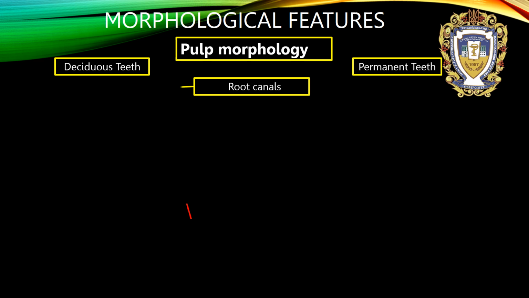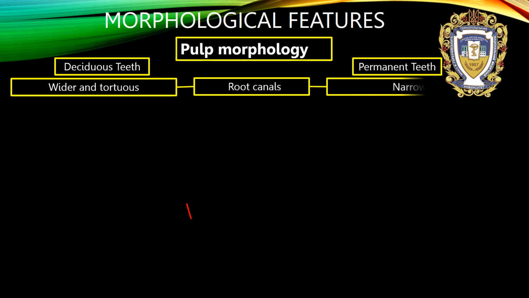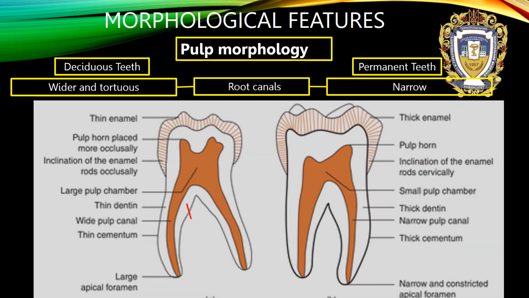Next characteristic, root canals. In temporary teeth, root canals are wider and tortuous. Instead, in permanent teeth, root canals are narrow. So, schematically, wider and tortuous root canals in temporary teeth and narrow root canals in permanent teeth.